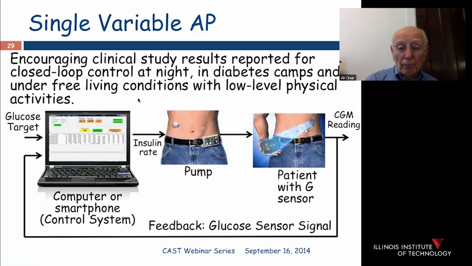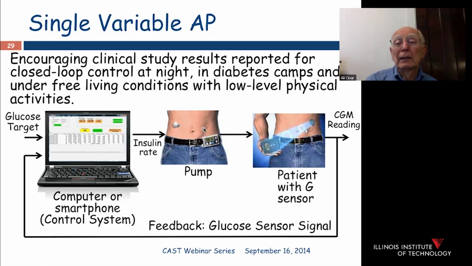And if we add all these pieces together, then we start with a glucose sensor that provides a glucose concentration signal, and we could use a computer or a smartphone as the control system. We need to provide the target glucose values or ranges. Then the amount of insulin that needs to be infused is computed by the control system and passed on to the pump that will infuse the appropriate amount of insulin to the body.